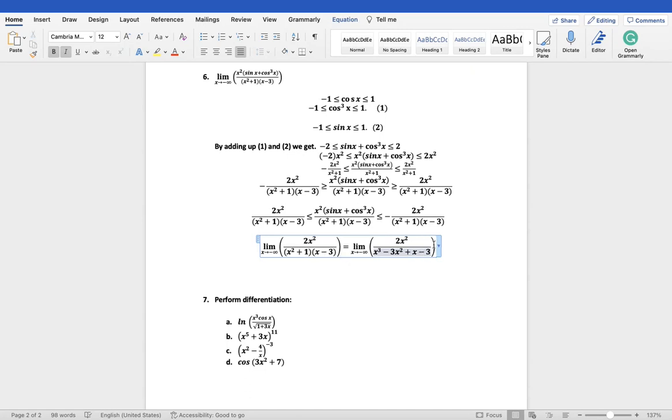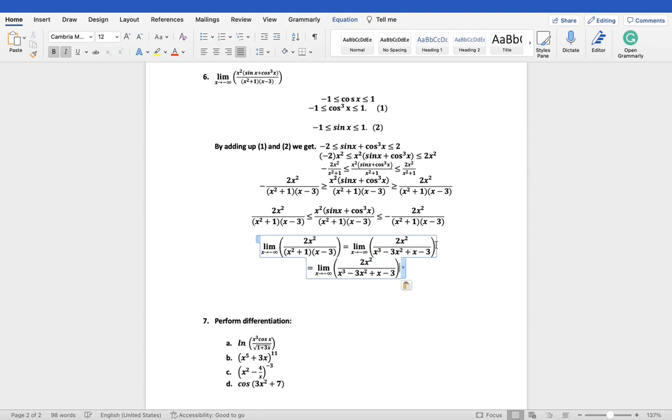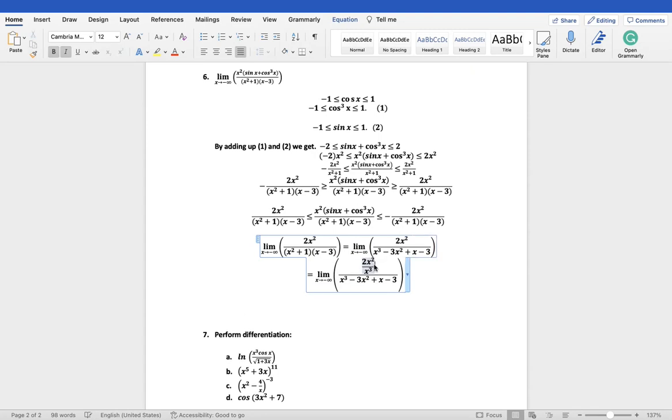So in our case, x cubed is the highest degree in both the numerator and denominator. So what you do is divide by x cubed everywhere. Let's divide by x cubed in the numerator as well as in the denominator.